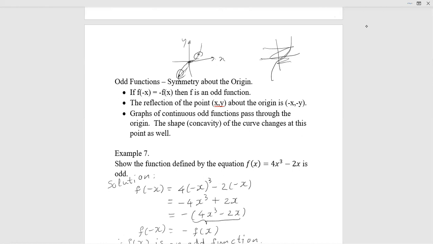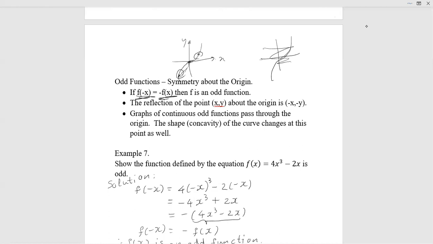How do we check if the given function has such symmetry? Again, we find f of negative x, the same thing that we found for even functions. For even functions, when we calculate this, we got the same function. But with odd functions, we should get the negative of the given function.